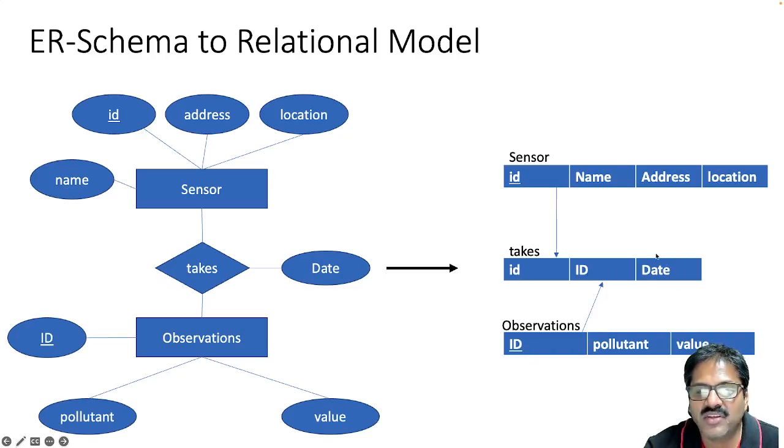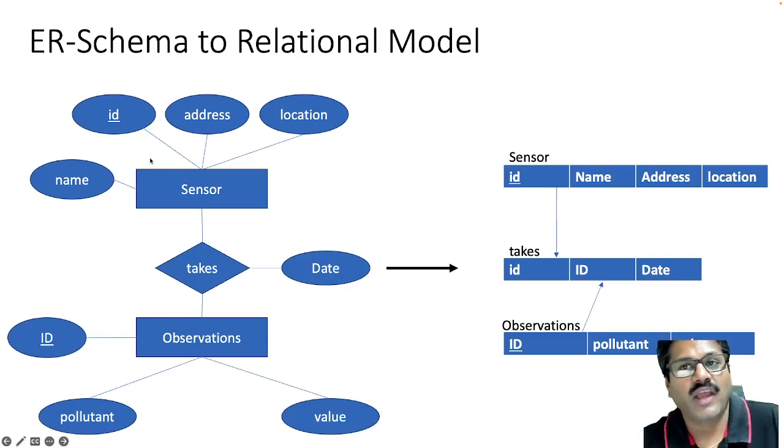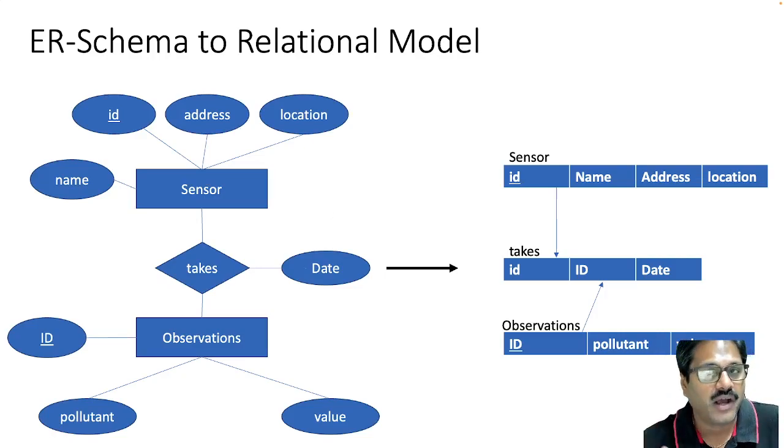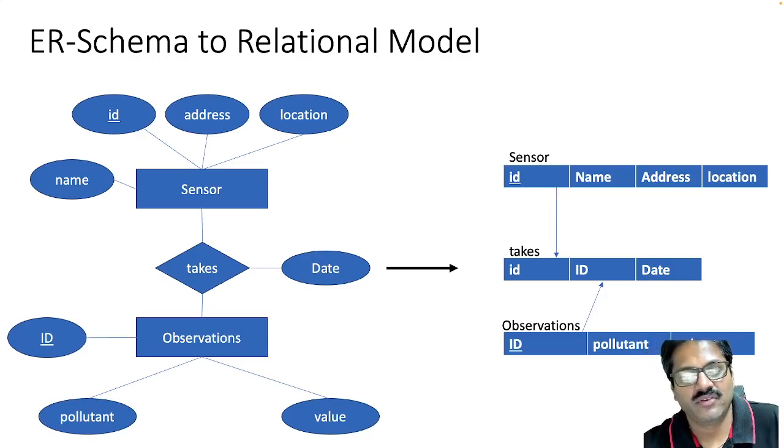This information is stored by the table. So it is very simple to create. In the real world, first we observe the real world and create this ER schema. Once we have the ER schema, we create its respective relational model as tables.